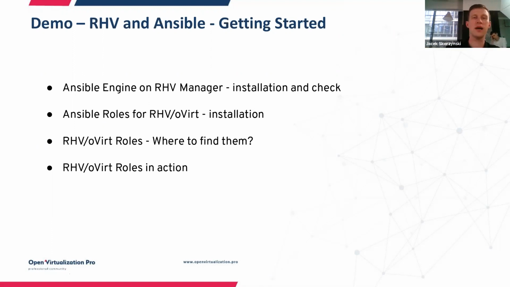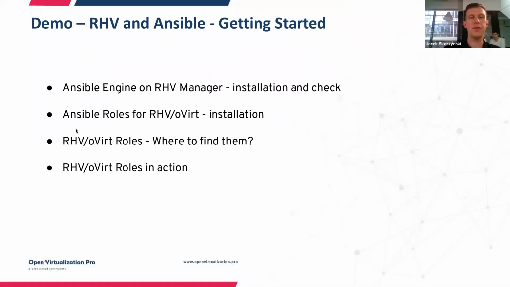Then I will guide you through the Ansible role installation, where to find the roles, how to modify them, and where to find examples. Then we will go into the Ansible oVirt roles GitHub and see what's in the oVirt.infra role, what we can set up and how we can use it, and then finally we will start it. It will be, I hope, pretty fast.